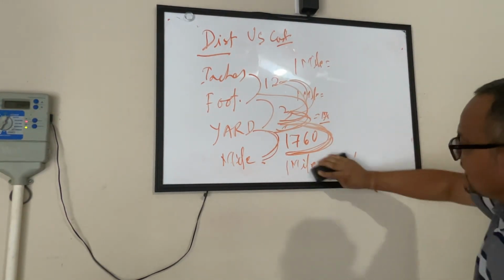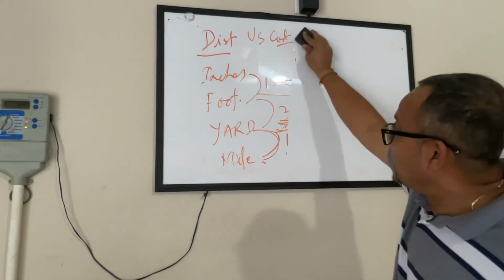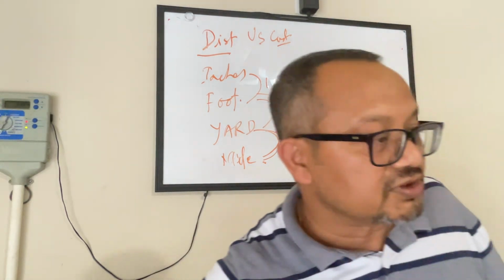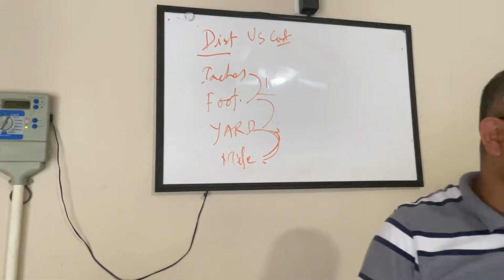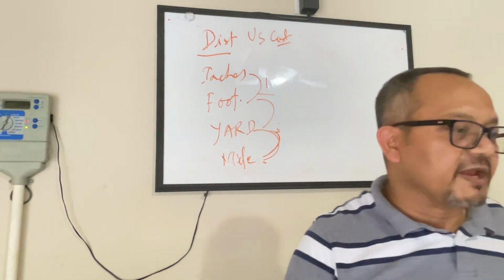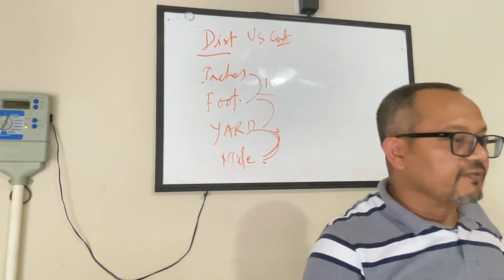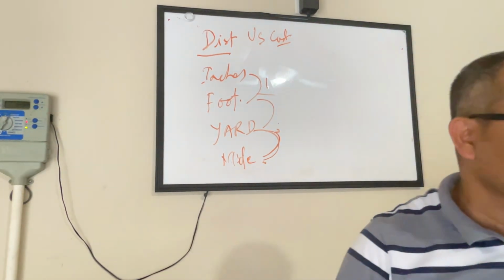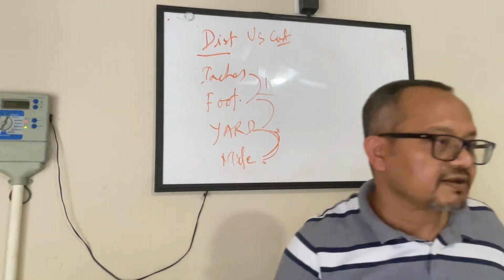So we looked at distance. In distance, we found that in the US customary system, we don't use meter, centimeter. We use inches, foot, yard and mile. And 12 inches make 1 foot, 3 feet make 1 yard, and 1760 yards make 1 mile. Okay? Yeah, somebody had raised a hand. Shalini, was that you?